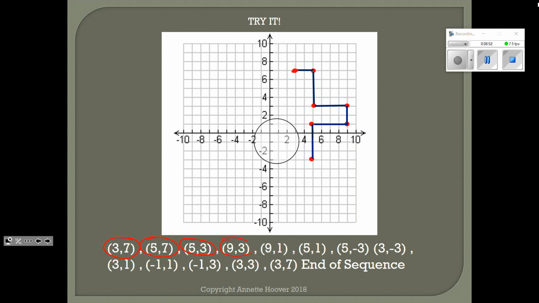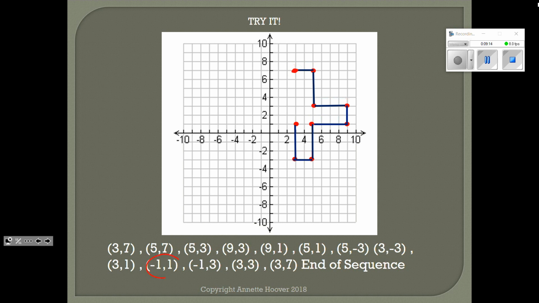The next one also has a positive and then a negative, so we're going to be in quadrant 4. Go to the right 3, down 3, connect the line. Now we've bumped back up to both positives, so we're going to be going back up to quadrant 1. Start at the origin, go over 3 and up 1, connect the line.